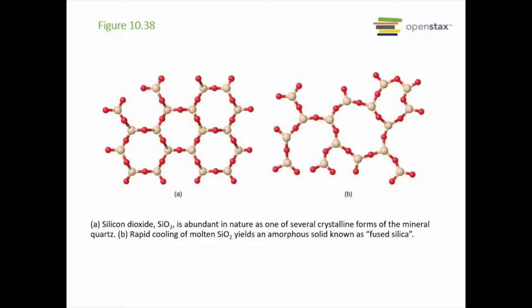So in A, you can see this nice structure of silicon and two oxygens on each one, and they're alternating, and they've got this nice pattern, these nice hexagons forming, because nature and science love hexagons. Whereas in B, where you have the fused silica, this amorphous solid, there's no rhyme or reason to where things are going.